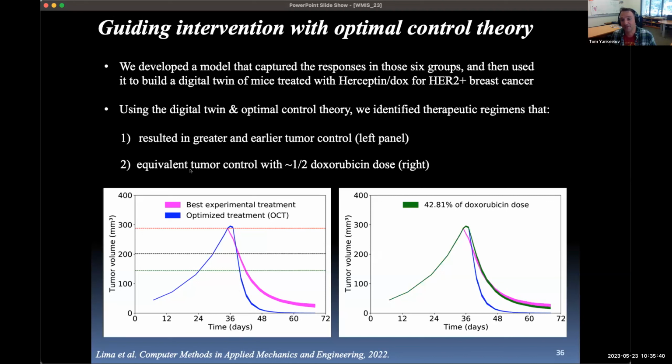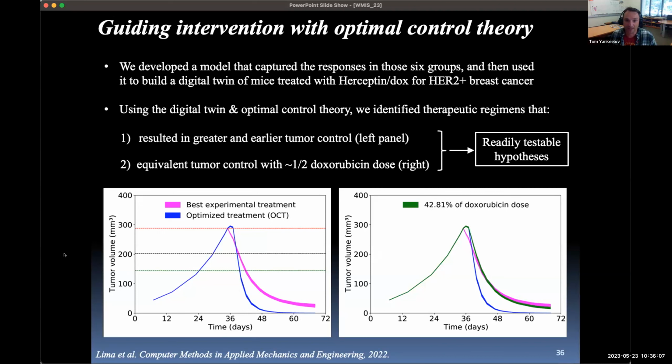The other thing is, can you have equivalent tumor control with much less dox? And actually, we landed on about a 60% reduction of dox here, and that's this green line, which is tracking what we had experimentally, but with only 43% of the dox dose. So this makes two very specific hypotheses that are testable. And actually, we have these experiments running right now with our collaborators at Alabama Birmingham.